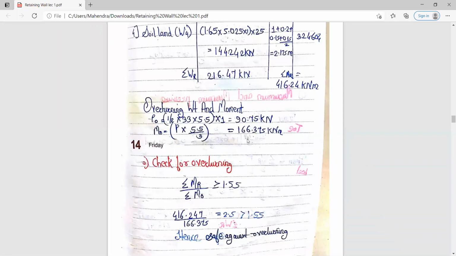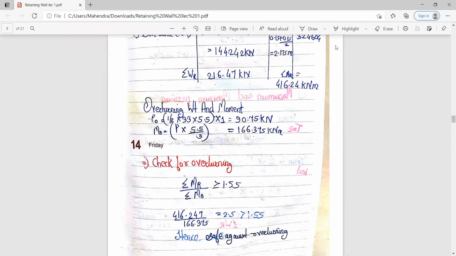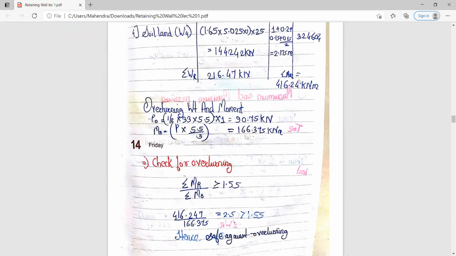So what overturning moment do you get? 166.375. So the value comes up to be 2.5. So it is greater than 1.55. Hence your design is safe against overturning. So first of all, do for the overturning, then we shall proceed for the check for the sliding. See what value you are going to get.